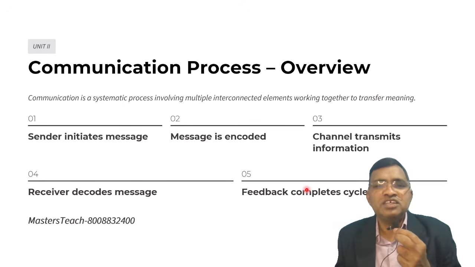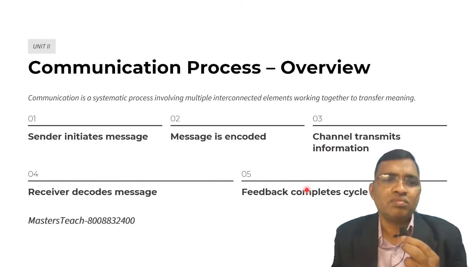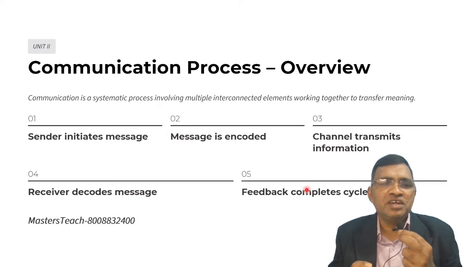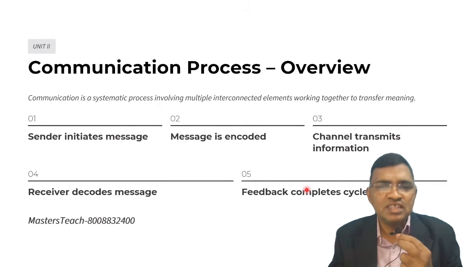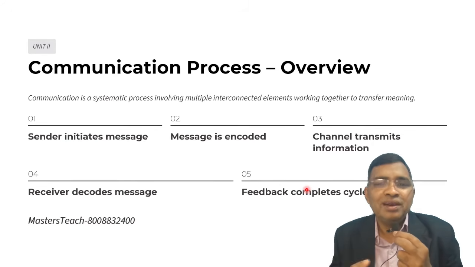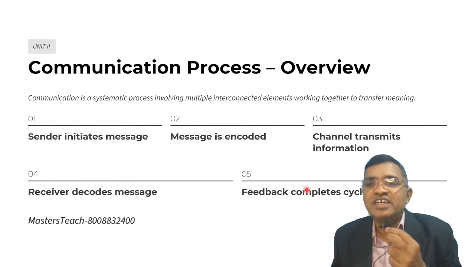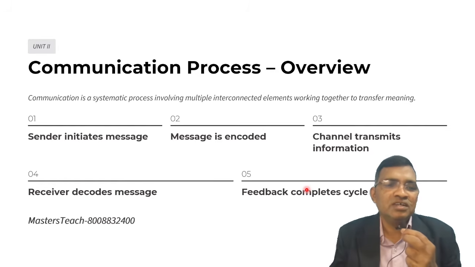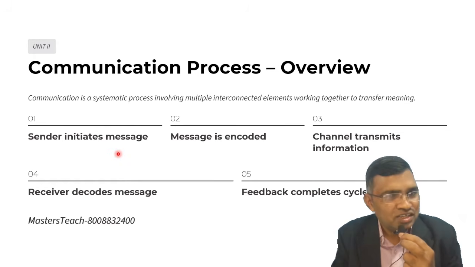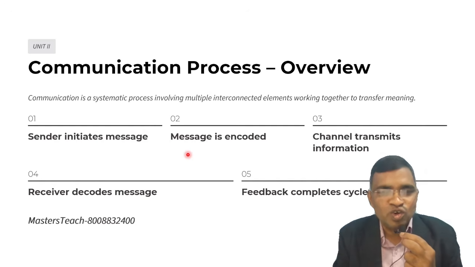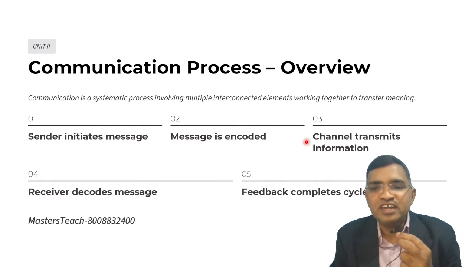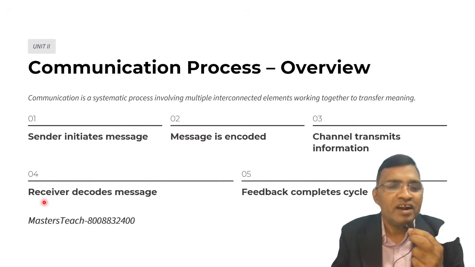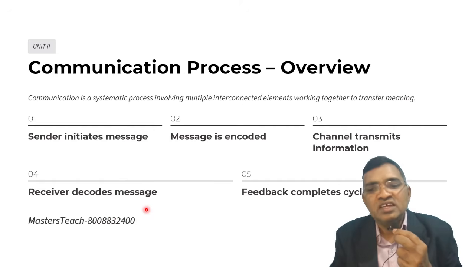Then the communication process. Communication is a systematic process involving multiple interconnected elements working together to transfer meaning. So, what happens in communication? The sender initiates the message, then the message is encoded, transmitted through a channel, then the receiver decodes the message, then feedback.